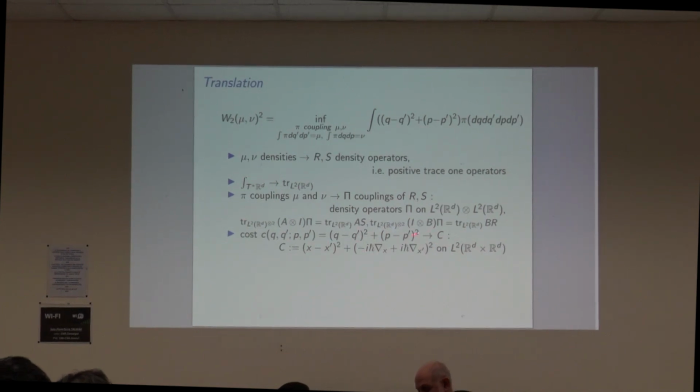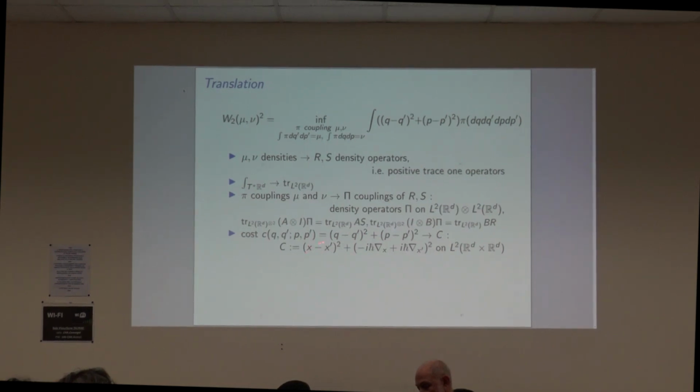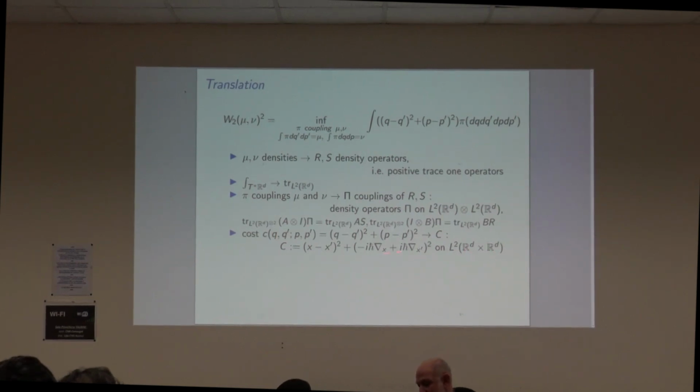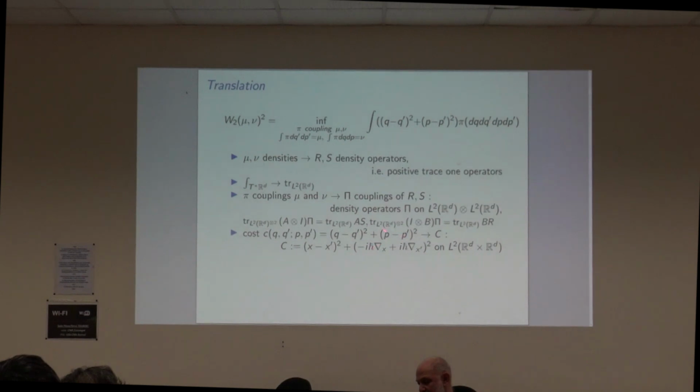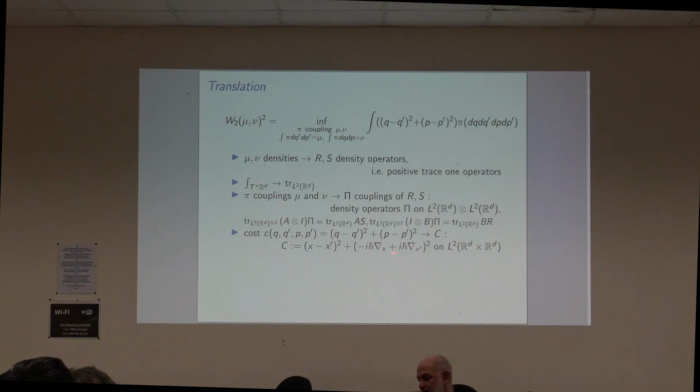And you just now make the transformation which associates to q and q prime the multiplication by the variable. Here there is an R^d x and R^d x prime. And you transform p and p prime into the gradient, the nabla operator, with respect to the two variables also.